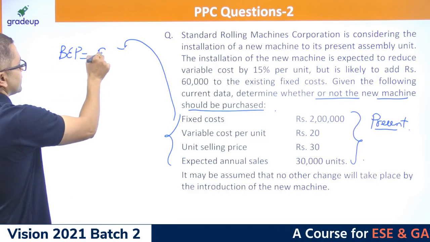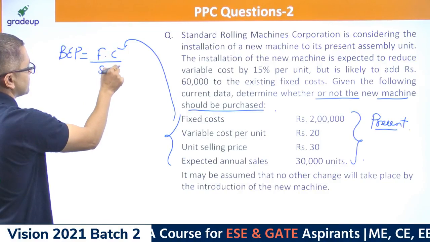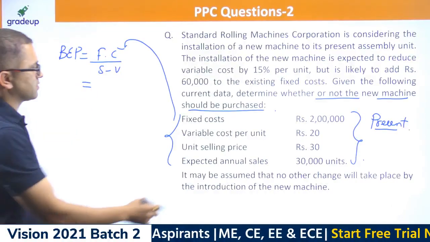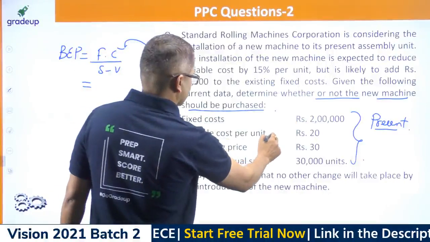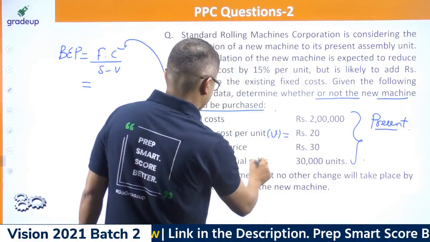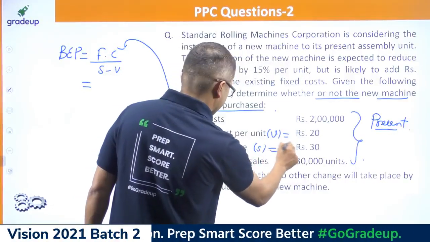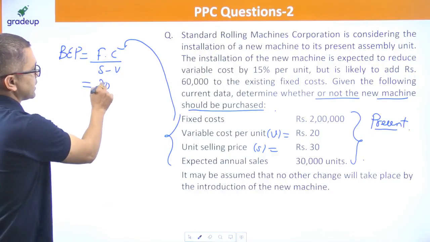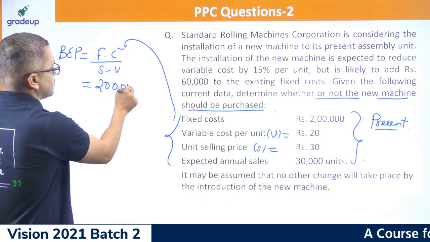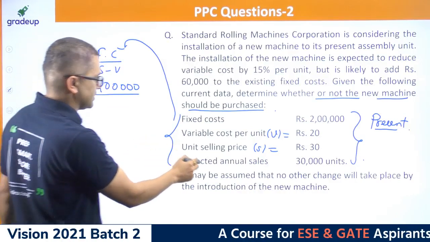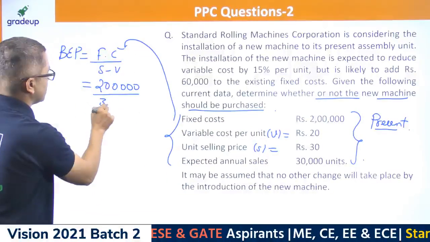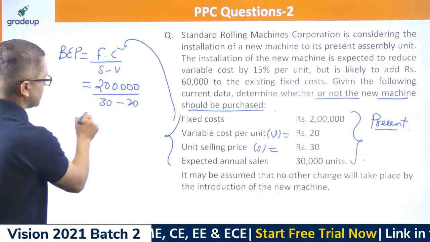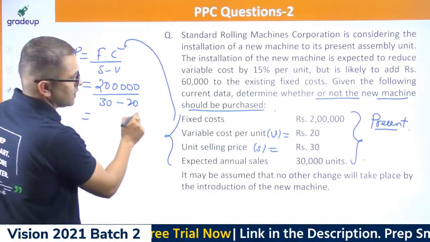That is nothing but fixed cost upon S minus V, right? Fixed cost is given to you, and this V is given to you. S is also given to you. So just plug in these values. So what do we get? 2,00,000 upon S minus V, which is 30 minus 20. So what we have is 20,000.